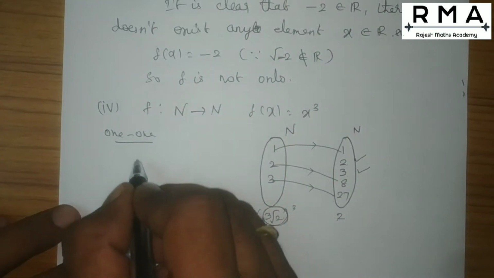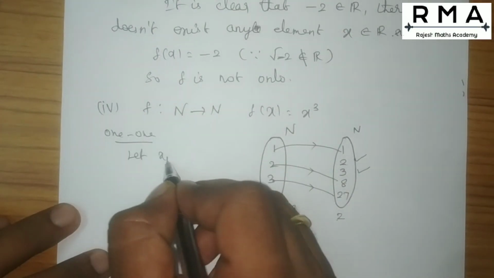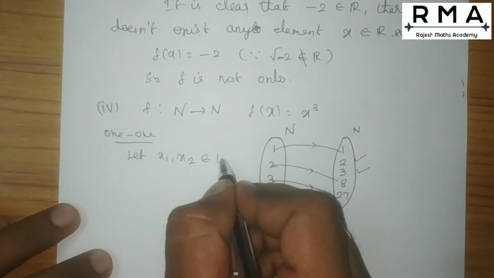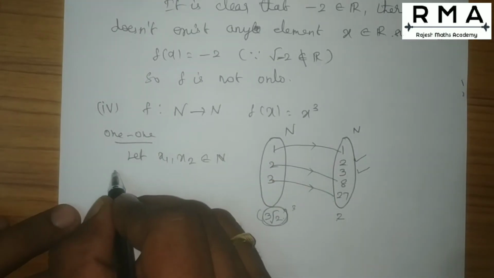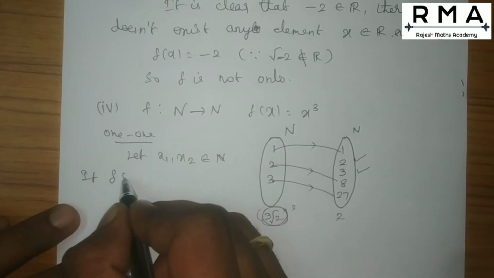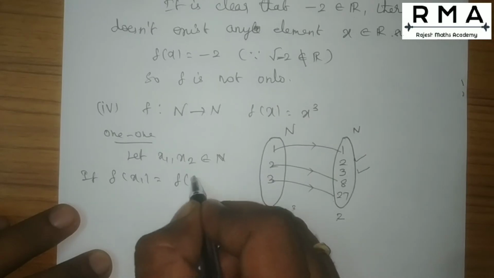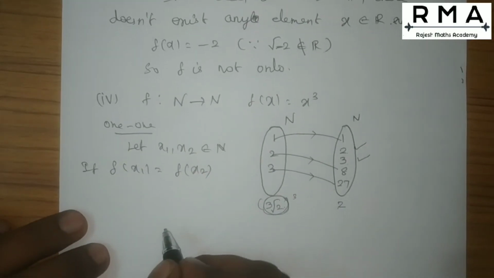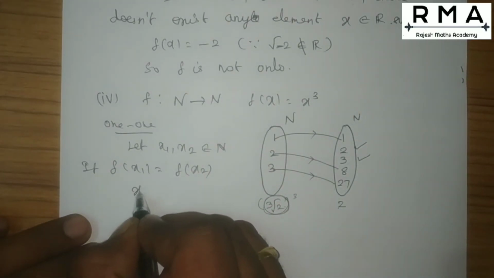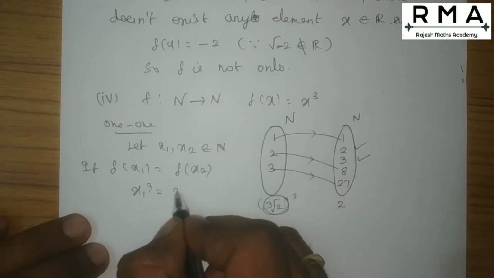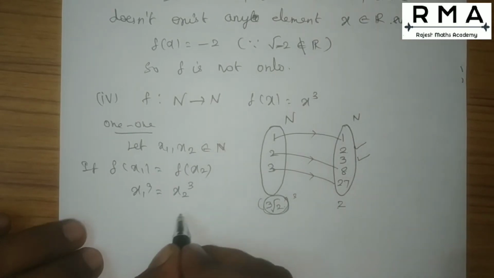What about 1-1? Let x1, x2 belong to the natural number set, and suppose f of x1 equals f of x2. Here f of x1 is x1 cube, and f of x2 is x2 cube.